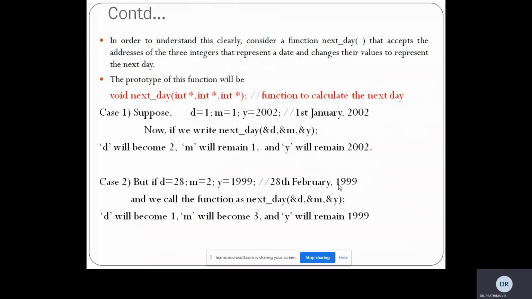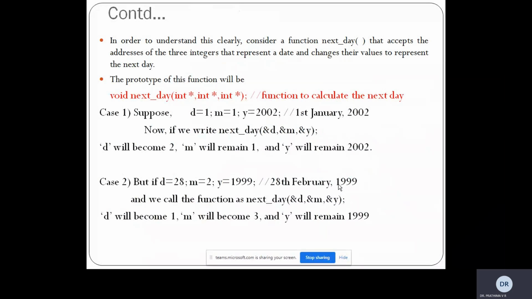This prototype declaration is going to give a calculation of the next day according to the format of a date. Suppose I would like to display 1st January 2002, as per case 1 which I have taken as an example.